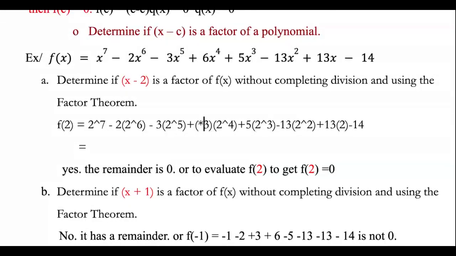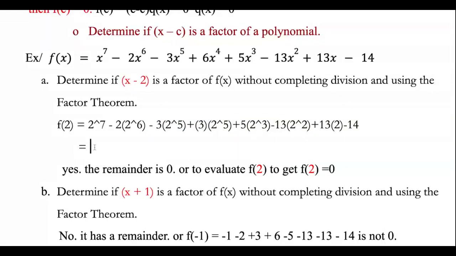Do you see this is also 2 raised to 5? So those two cancel each other. Negative 3 times 2 to the 5 plus 3 times 2 to the 5 cancel.